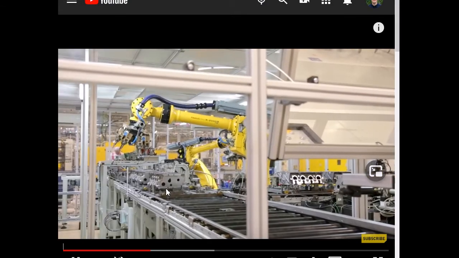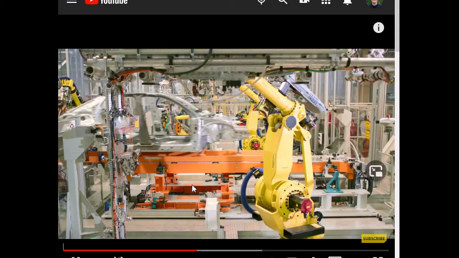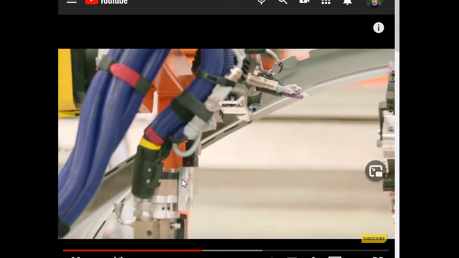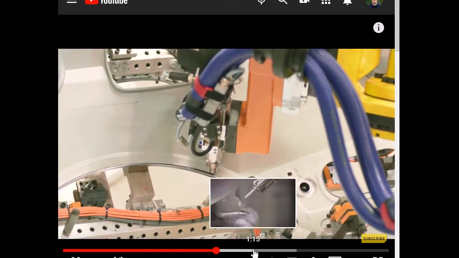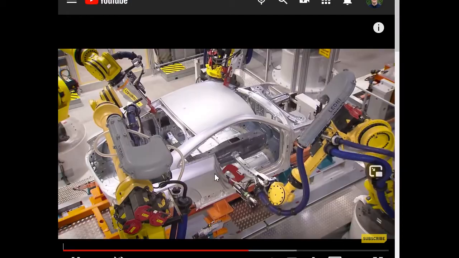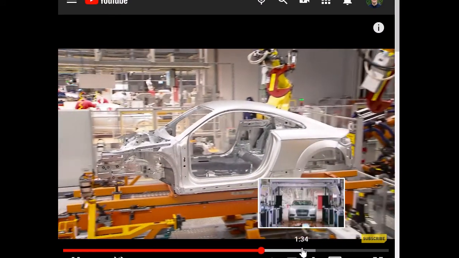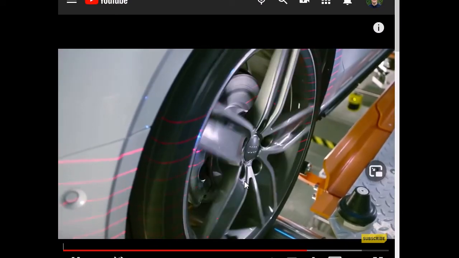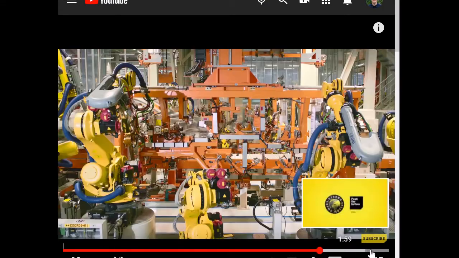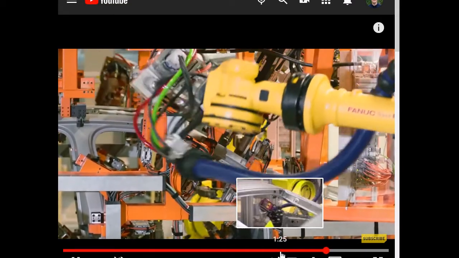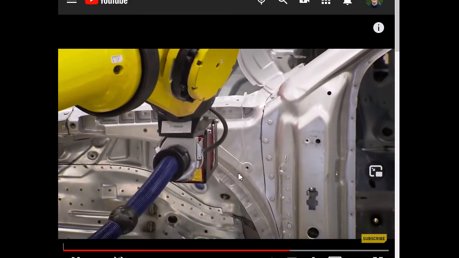Starting from pick-and-place applications, to the dispensing of glue, spot welding of the body in white, or inspection of the car body.